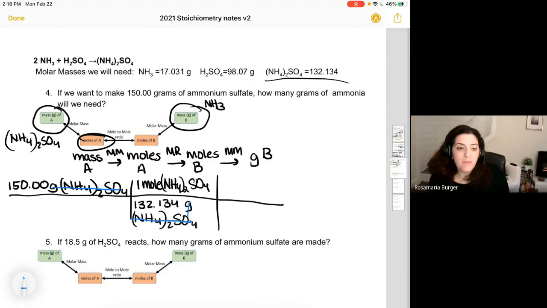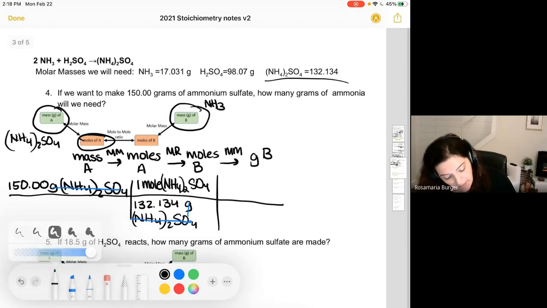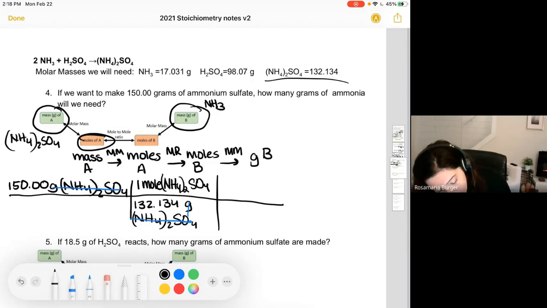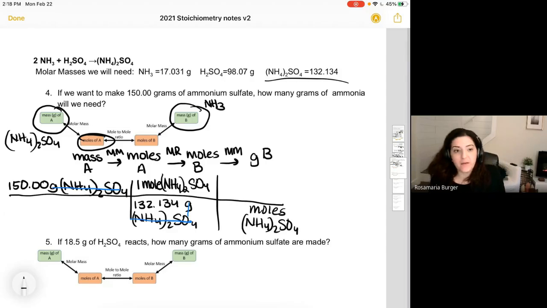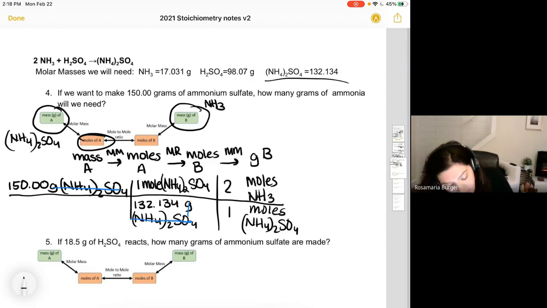Now we can go from moles of ammonium sulfate to moles of ammonia by using their mole ratio. I know that moles of NH4 to SO4 has to go down here because I need it to cancel out. So moles of NH3, which is ammonia, has to go up here. And it's a 1 to 2 ratio based on this equation up here.